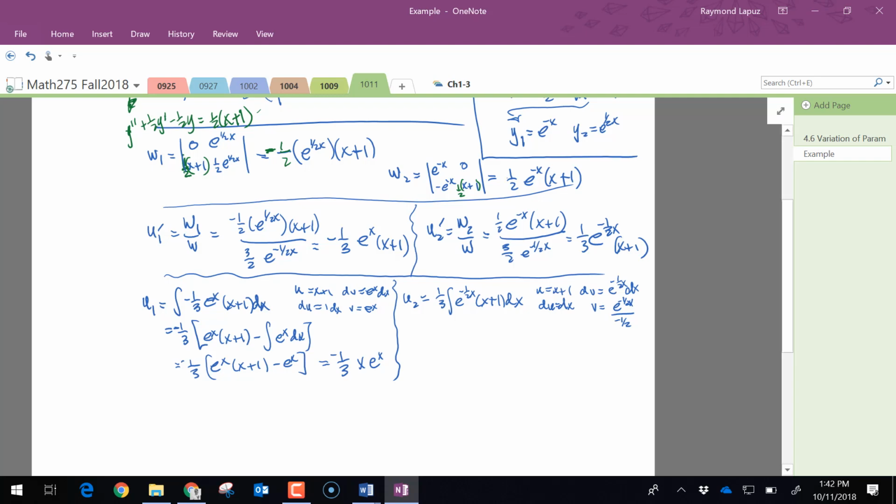So this is a 1/3, and then uv is negative 2 e to the negative 1/2 x times x plus 1, minus the integral of v du. I'm going to take out the negative 2 again. Integral of e to the negative 1/2 x dx, which is again negative 2 e to the negative 1/2 x.